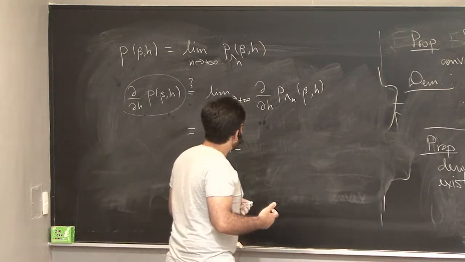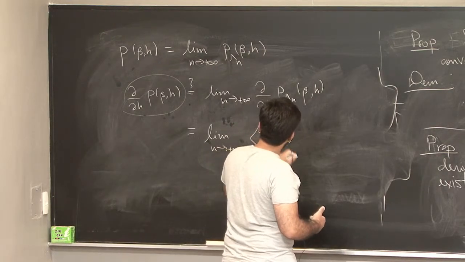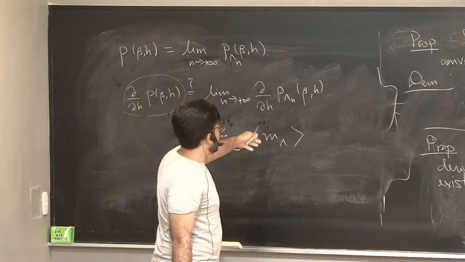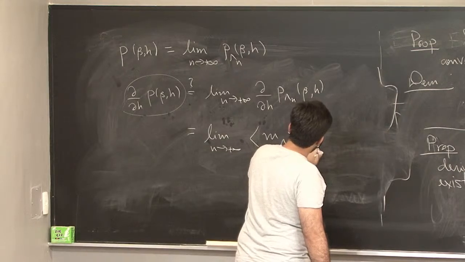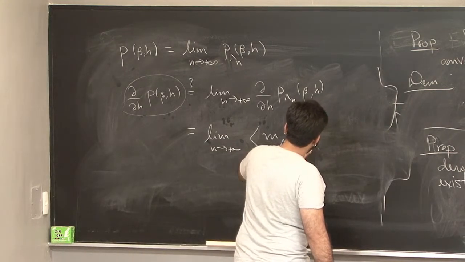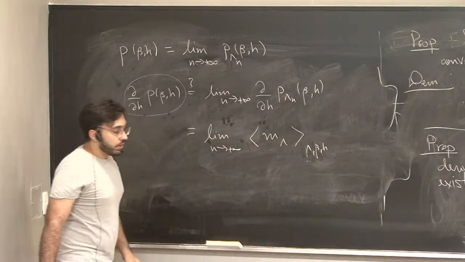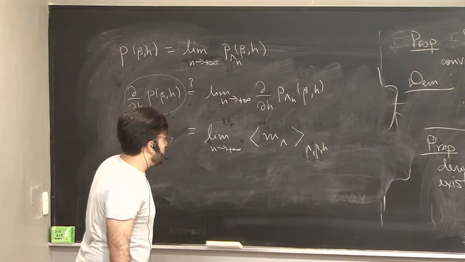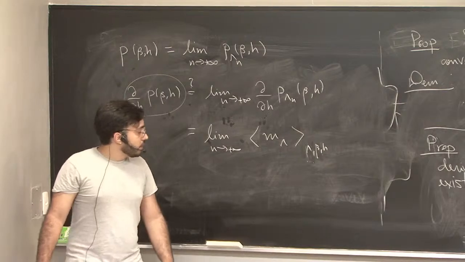So what are these quantities? The mean magnetization, the mean of the mean magnetization, with respect to beta H, to some object that we will study with much more care during this course.